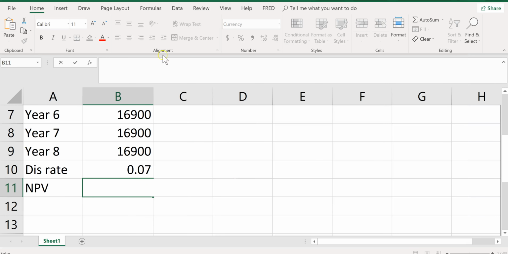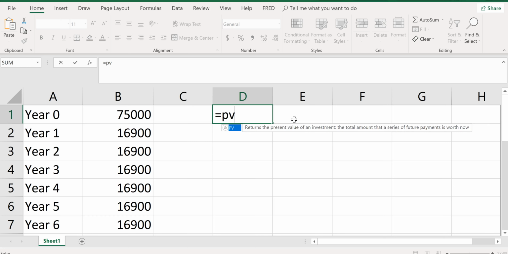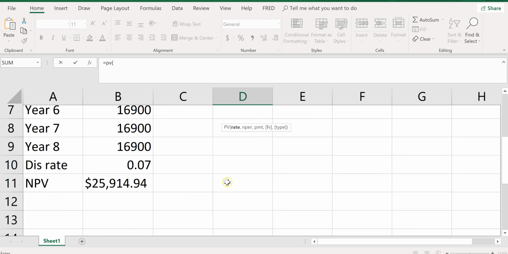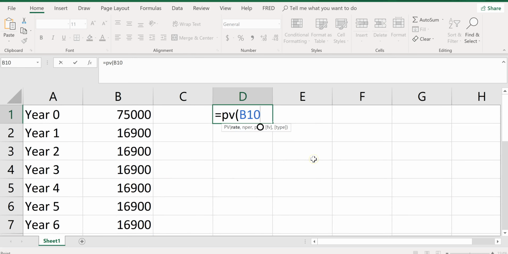I said there are at least 2 ways to get this number. The other way is to use the present value function, as we learned in session 3. The first argument is still the rate here, and actually we are doing a present value of an annuity, because starting from year 1, every year the cash flow is the same.